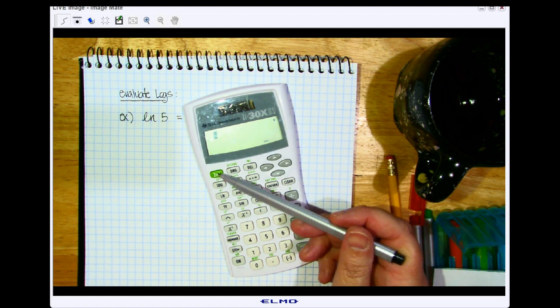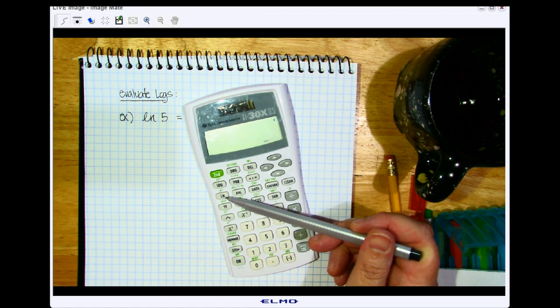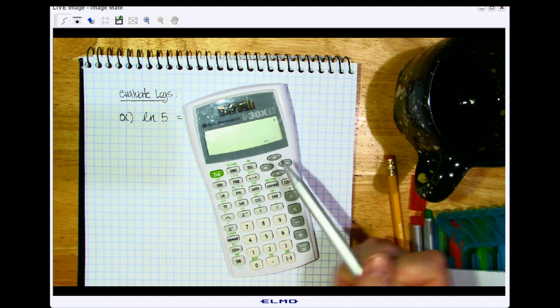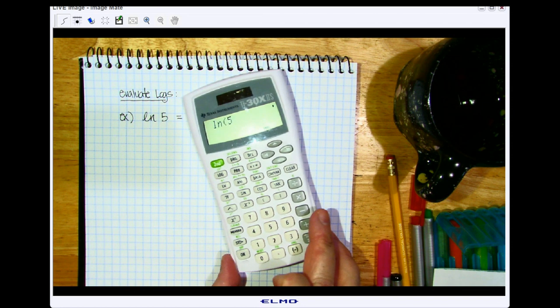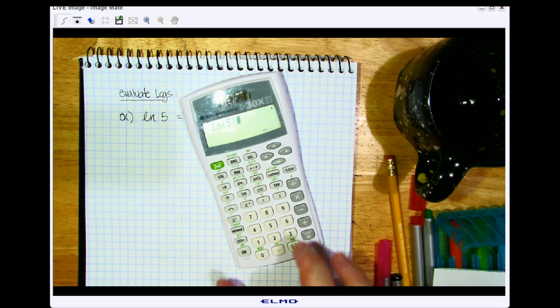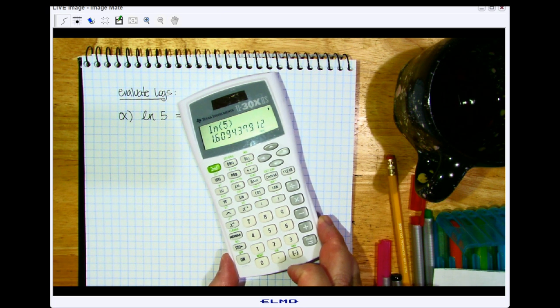And on this calculator, they're both in the first column. Log is the second key down, ln is the third key down. And if I need to find the natural log of 5, I'm just going to hit ln and 5. And it lets me know that that is 1.609.